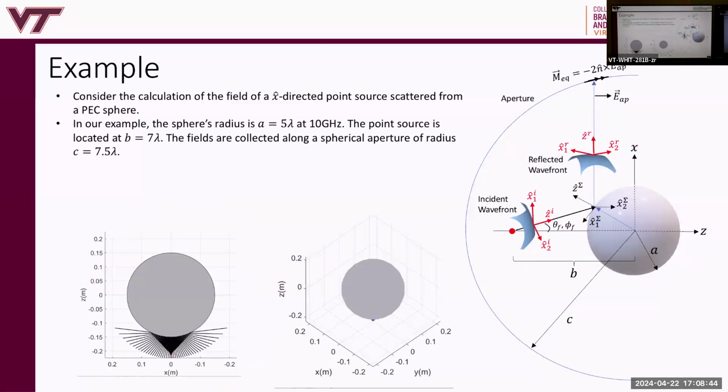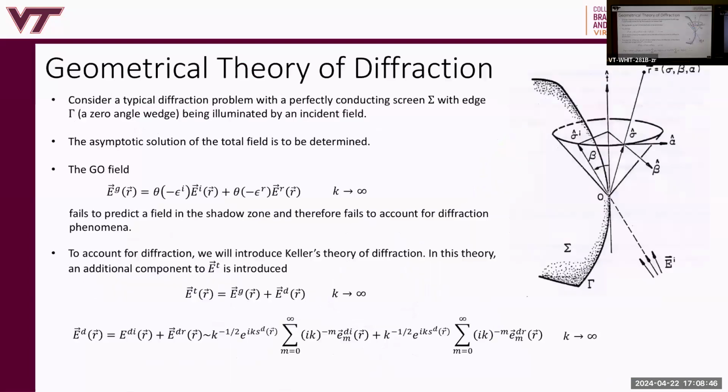All right, so let me introduce this. We're supposed to get through here. So geometrical theory of diffraction, we're going to dig into that now. So what's the difference now? Our screen sigma has a sharp edge here now, right? This sharp edge has an incident pencil, but what happens when you have an incident pencil on a sharp edge, instead of getting one reflected ray like you would expect with the angle of incidence equal to angle of reflection for a flat surface or even a curved surface we saw, right?